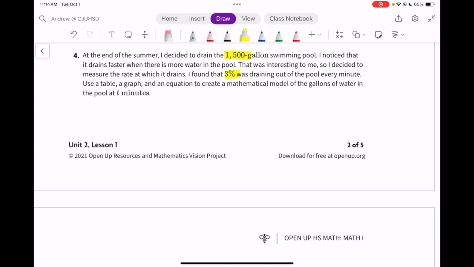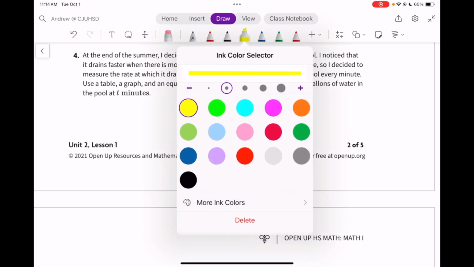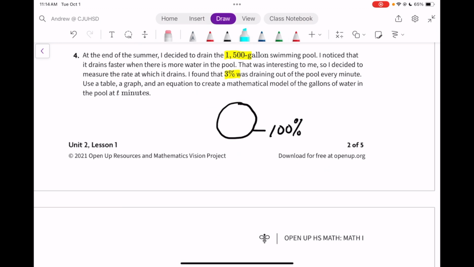Okay, so before we do anything else, let's look at this 3%. So think about maybe like a pie chart. And there's 100%. And we're going to take off 3% because over and over again, it says drain. We're draining, we're draining, we're draining. So drain takes off what was there.